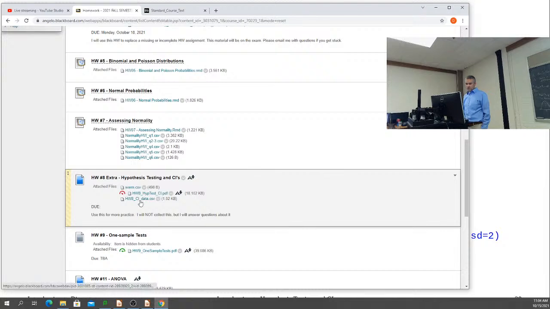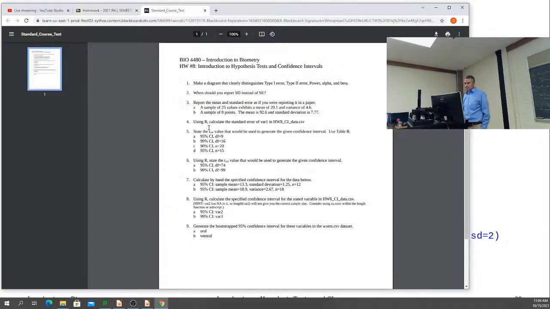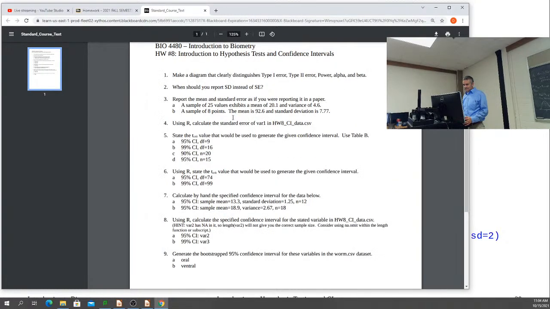So we have homework number 8, extra hypothesis testing confidence intervals. It's a PDF. It has just general questions related to this part, this presentation.